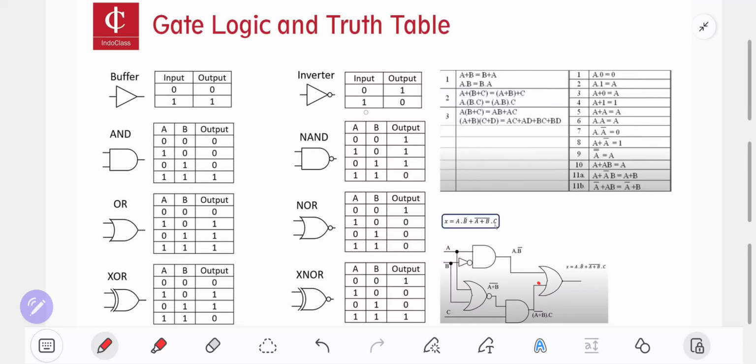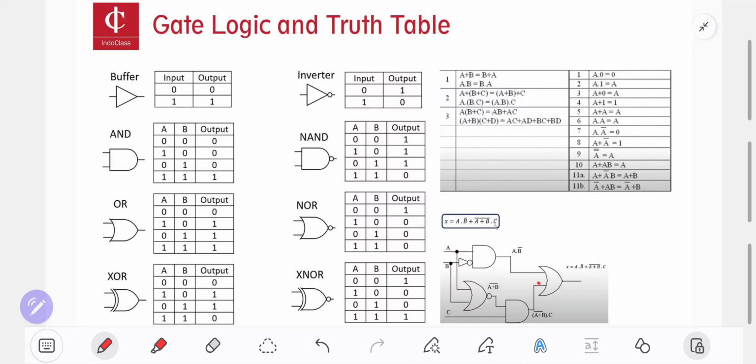If the input is 1, the result is 0. If you understand this basic gate logic, it helps you understand the other gate logic, for example XOR, XNOR, NOR, and NAND.